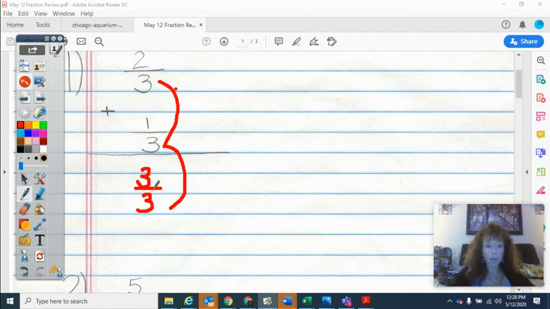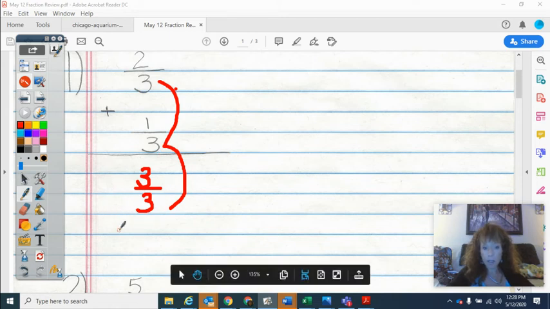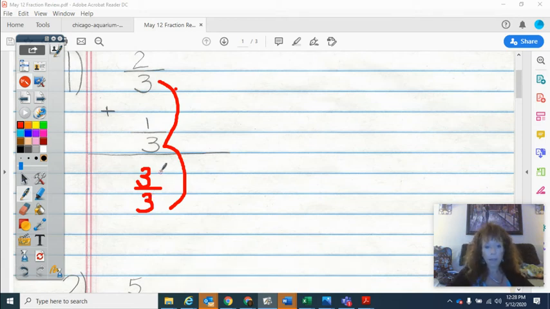So you may notice, though, that 3/3 is kind of an unusual fraction because my numerator and my denominator are the same number. So anytime you have the same number in the numerator as the denominator, that is actually equal to the whole number 1.